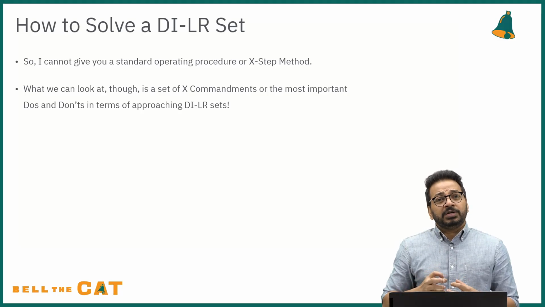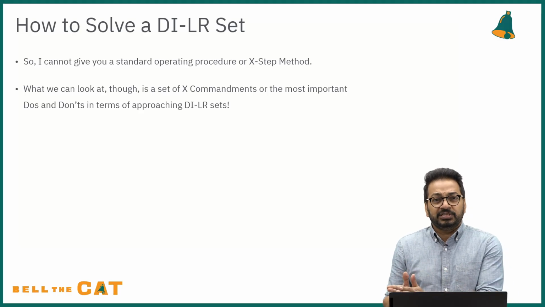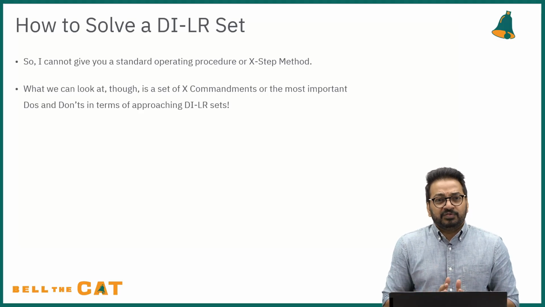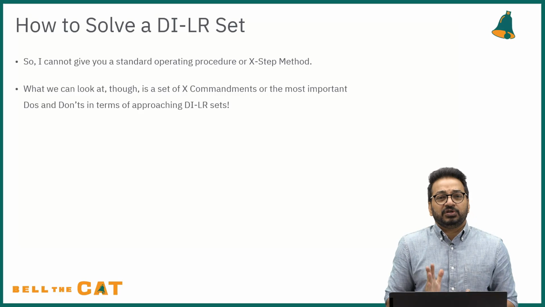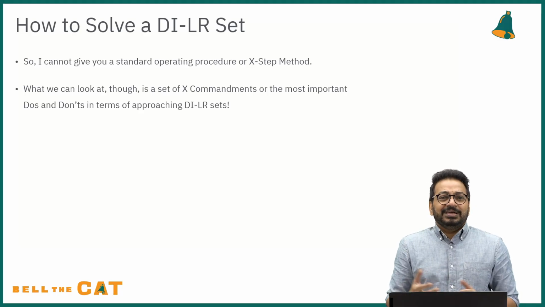But what we will do is give you a list of do's and don'ts. If you do these X things and avoid these Y things, 9 out of 10 times you will be able to efficiently solve a set that you have chosen, provided it's the easiest set, or an easy and moderate set.